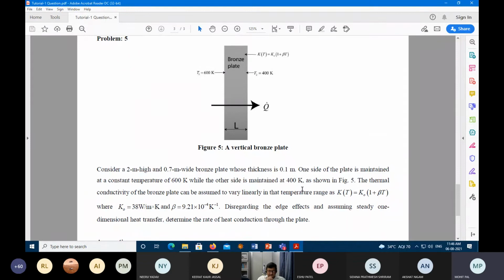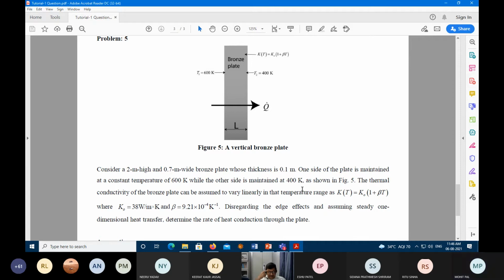So approximately 55.5. Very good. Others are getting 55.5. Anybody else got 55.5? Yes, sir. Very good. Now the next step.